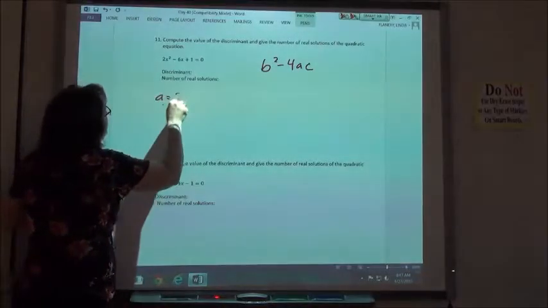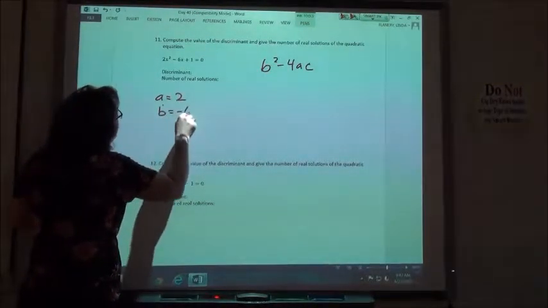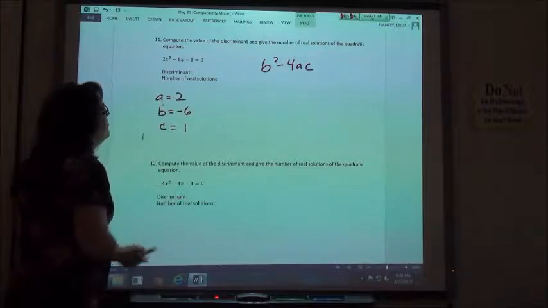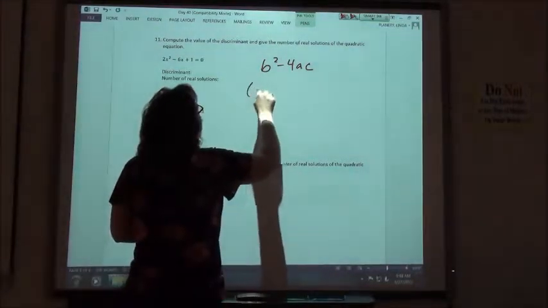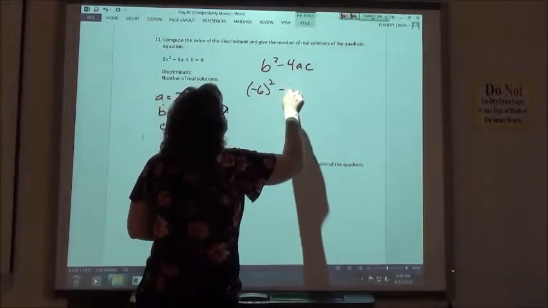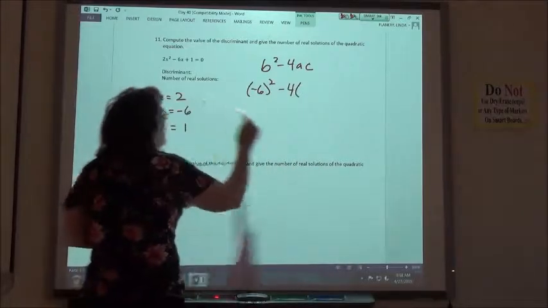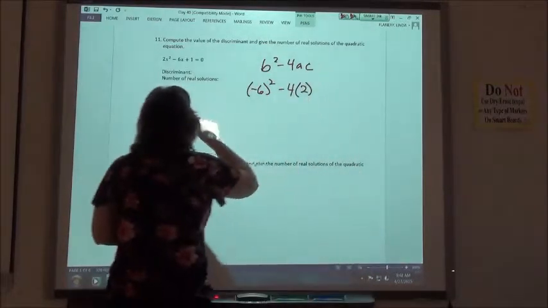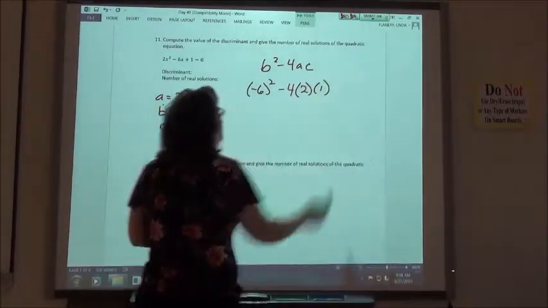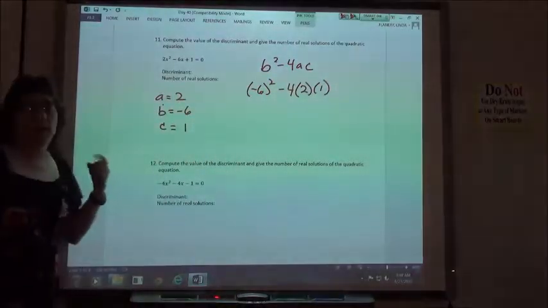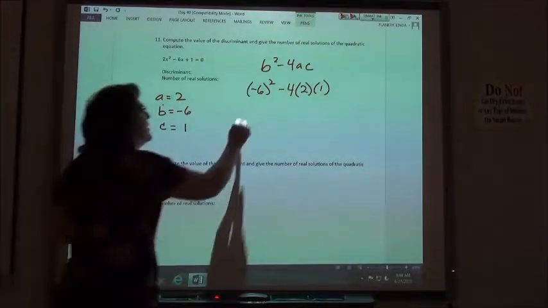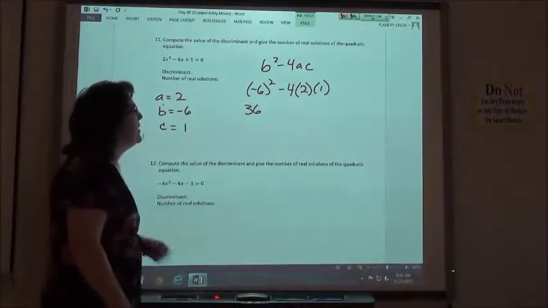A is going to be 2, B is going to be negative 6, and C is going to be positive 1. So b squared, negative 6 squared, minus 4 times the A value, which is 2, times the C value, which is 1. Negative 6 squared, negative 6 times negative 6, is positive 36.